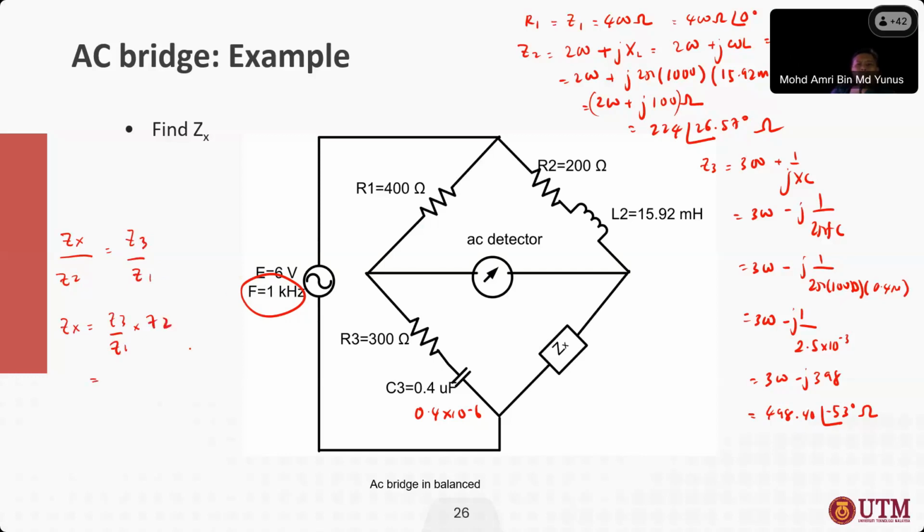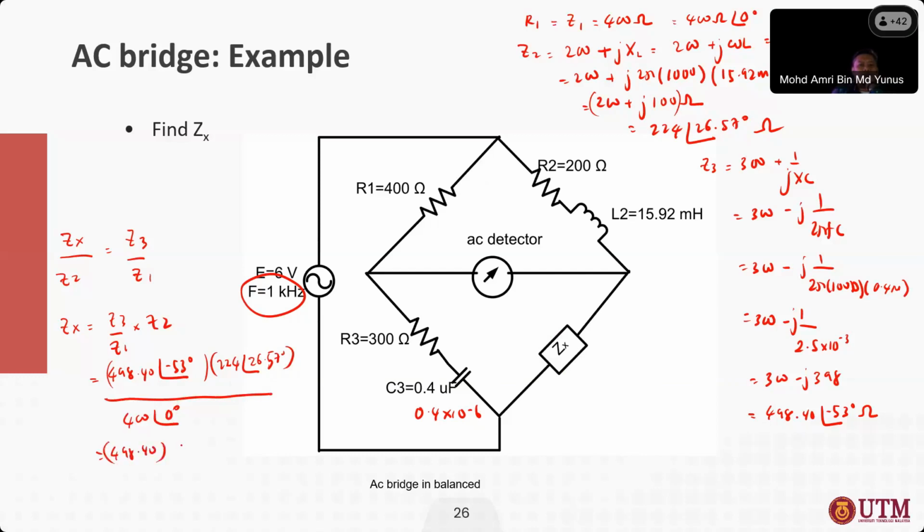And our Z3 is 498.40, angle negative 53, multiplied with Z2, which is 224, and then the angle is 26.57, divided by Z1, which is 400, zero angle.